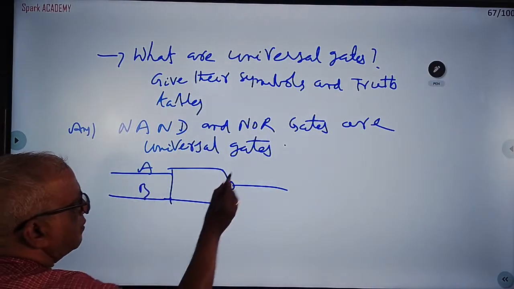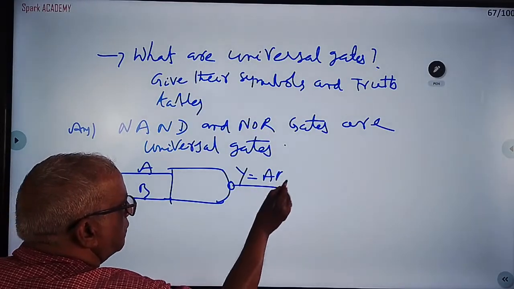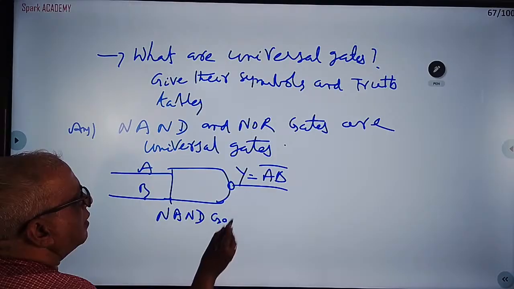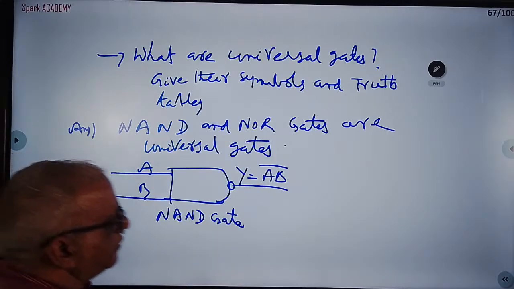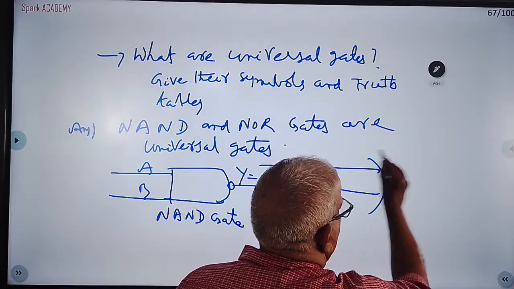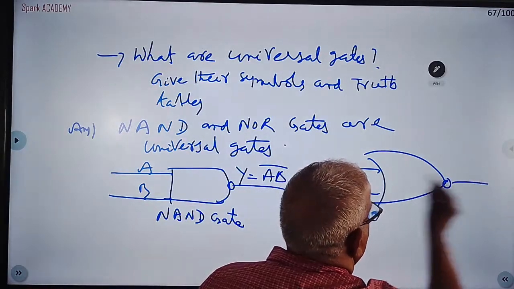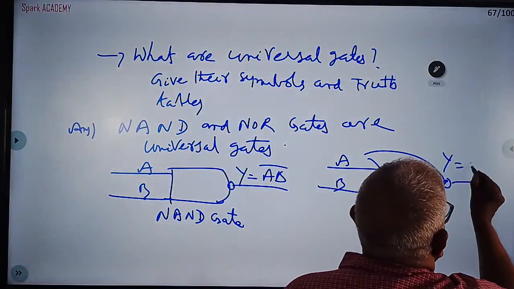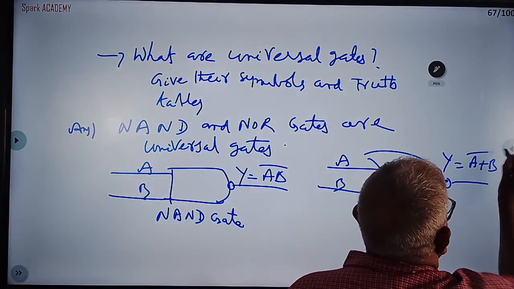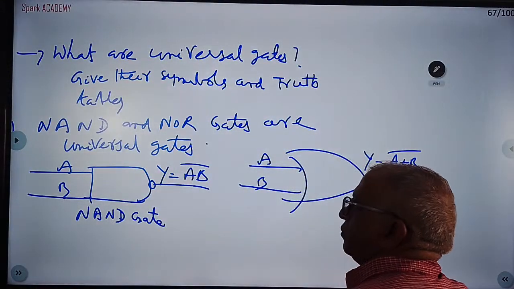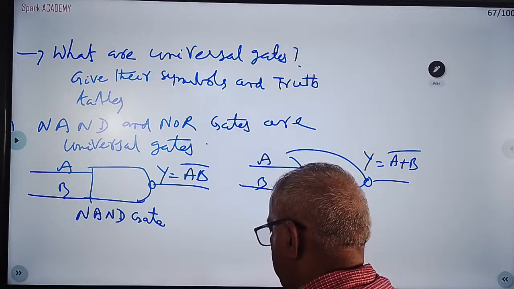A, B, Y equals AB bar. This is the NAND gate. This is the NOT gate. NAND is NOT plus AND. What is the NOR gate symbol? NOR gate symbol, this is A, B, Y equals A plus B whole bar. These are called universal gates. By using two NAND gates, I can get an AND gate.